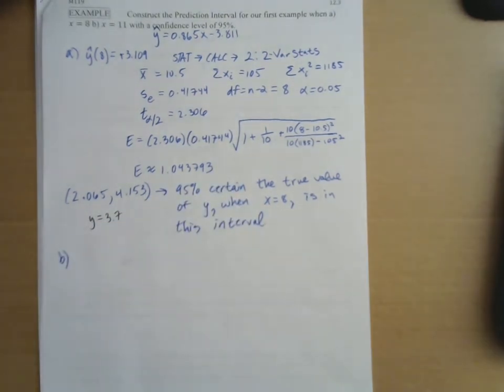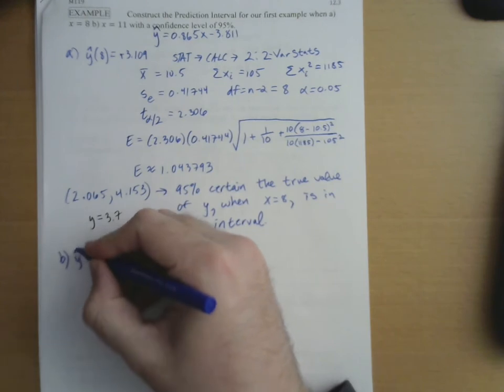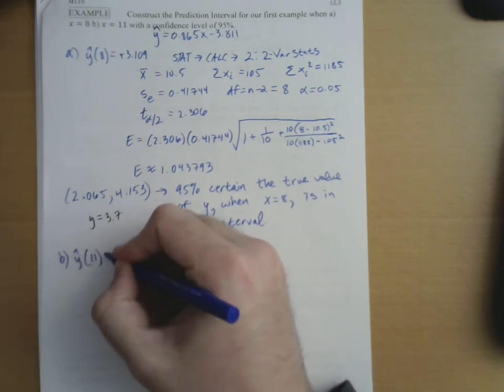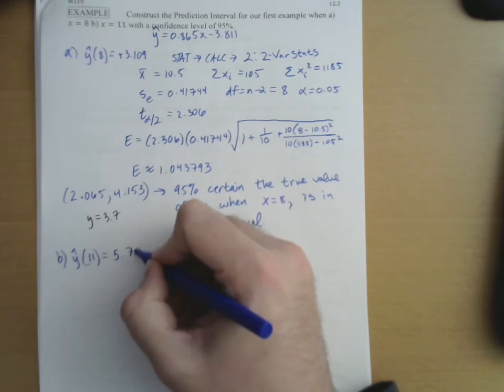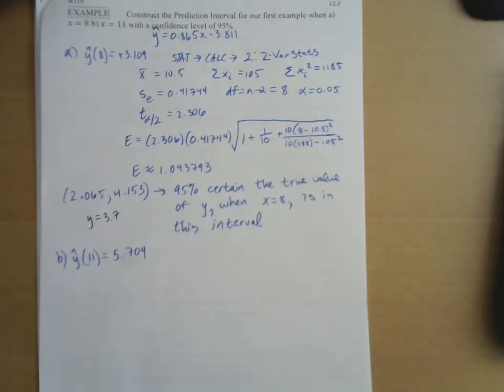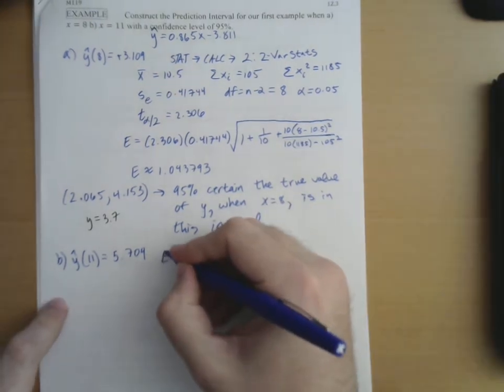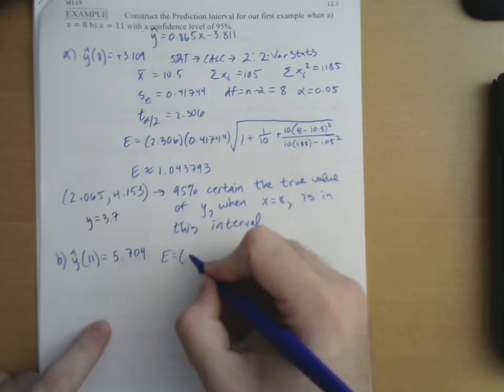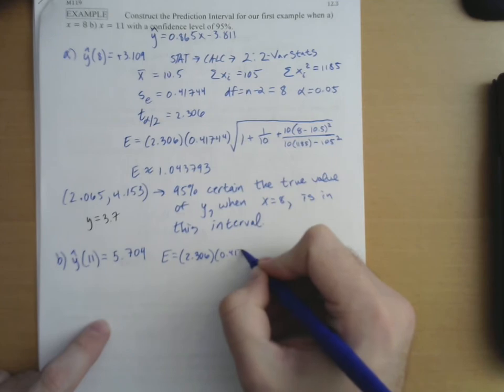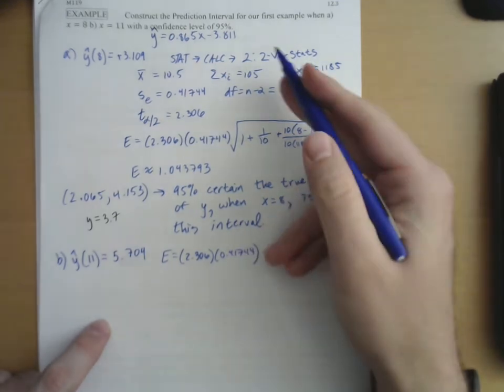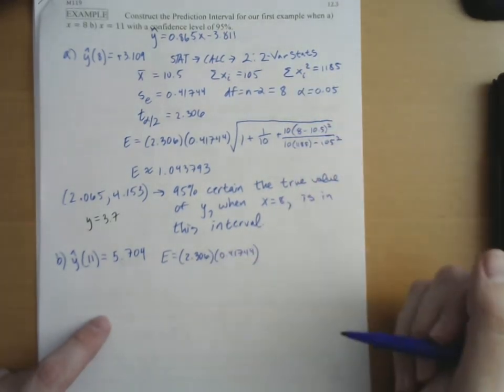So part B, we're doing y hat of 11 now. Plugging that into our model, we get 5.704. So our error calculation does change a little bit. It's 2.306 times 0.41744, because we're not changing our confidence level, alpha is still 0.05.